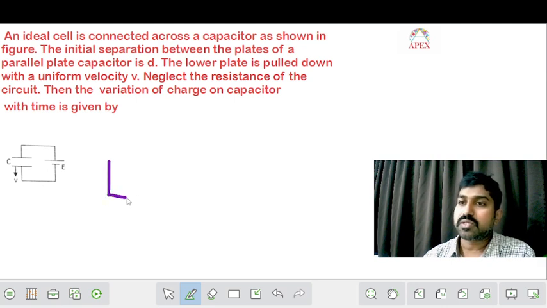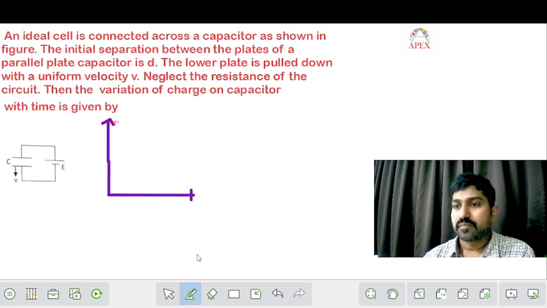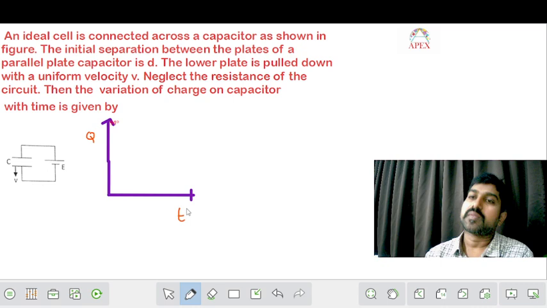And they are asking here to just draw a graph between, I think, the variation of charge on the capacitor with respect to time. That is the question. So, see here.